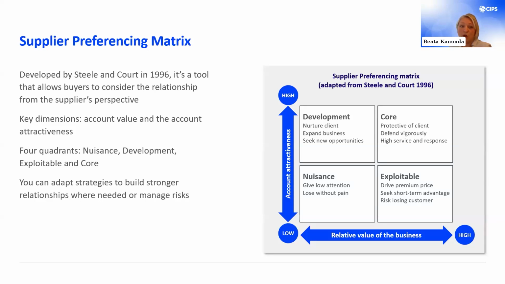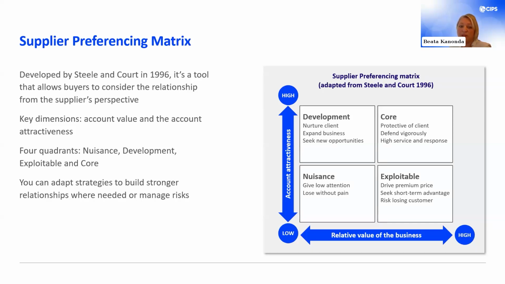Then we have a core quadrant with high value and high attractiveness of the account. This is where every customer wants to be. Core customers are highly profitable and strategically important, often leading to preferential treatment and deeper collaboration. Procurement and supply professionals should work to maintain this position by fostering mutual value creation and avoiding complacency.